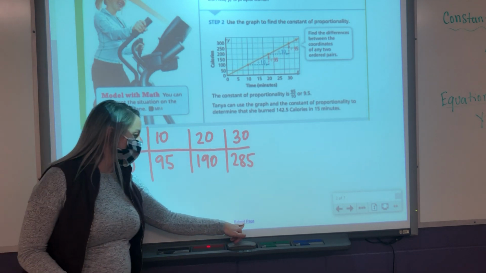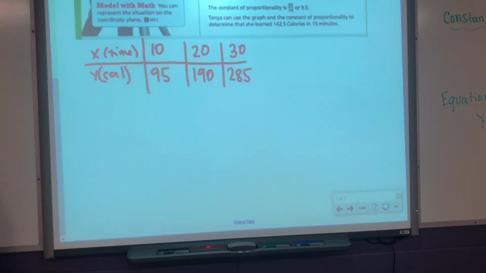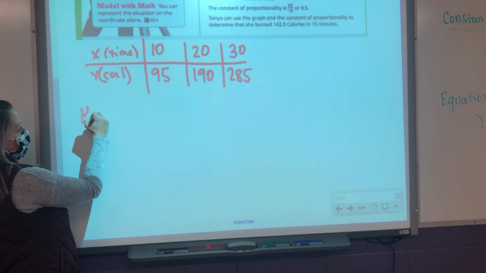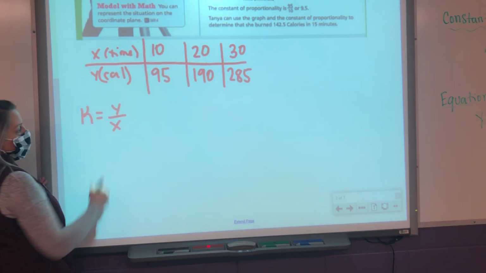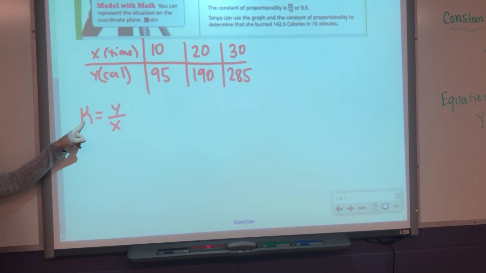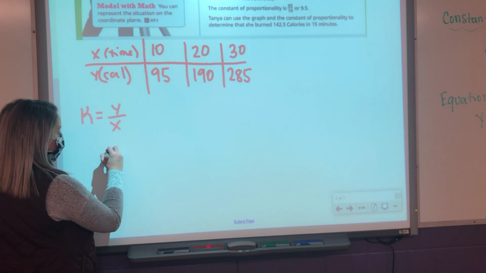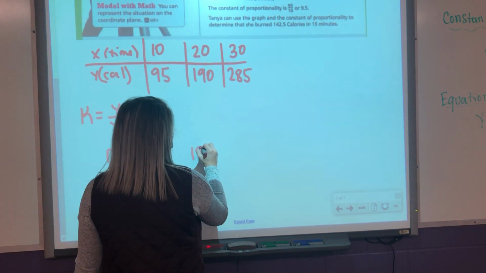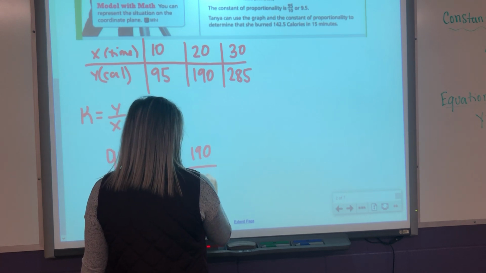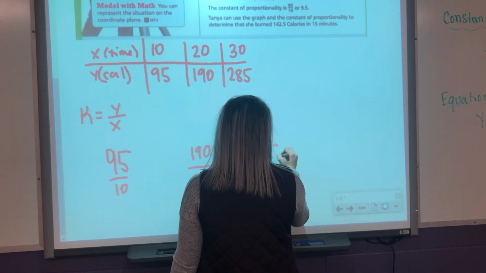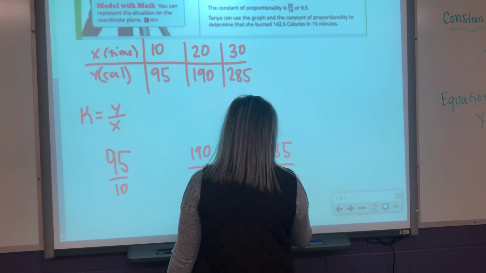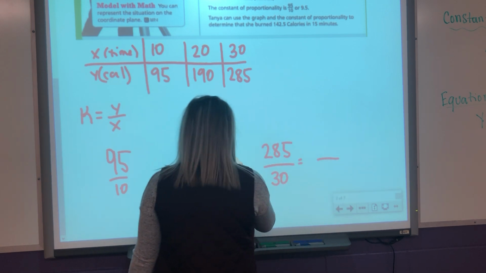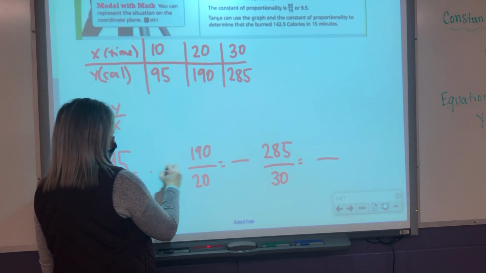How do we test proportionality from a table? Y over x. So k is equal to y over x. What does this tell you? That's our constant of proportionality. So our ratios, 95 over 10, 190 over 20, and 285 over 30. These all have to be equal to the same unit rate, correct?